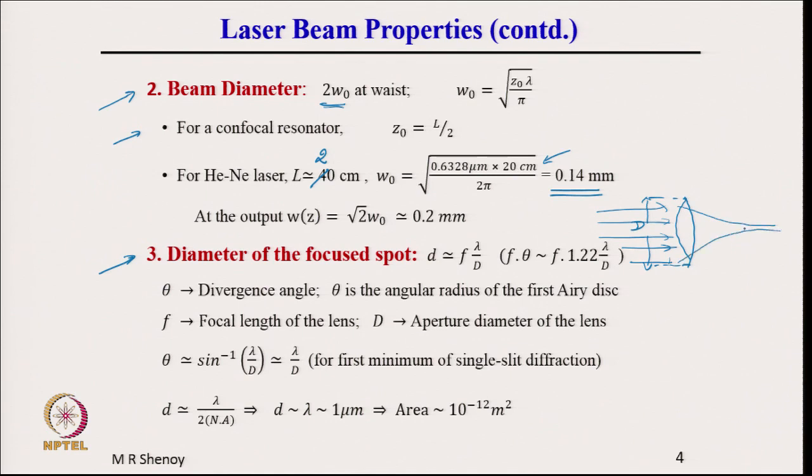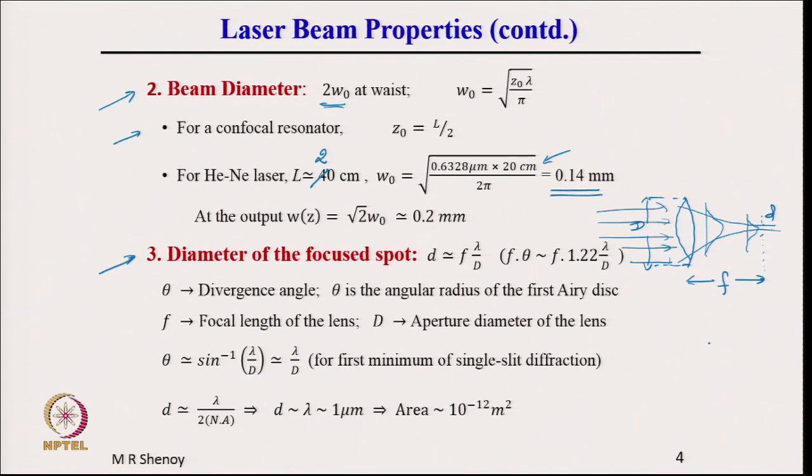It really is a Gaussian beam, and therefore, it comes down to a very small spot here, and if this is the focal length f here, then the diameter of the focus spot d is given by f into lambda by d. So, this lambda by d is nothing but the divergence angle.